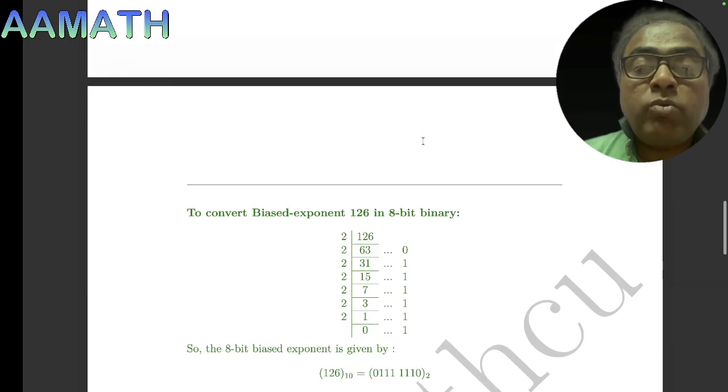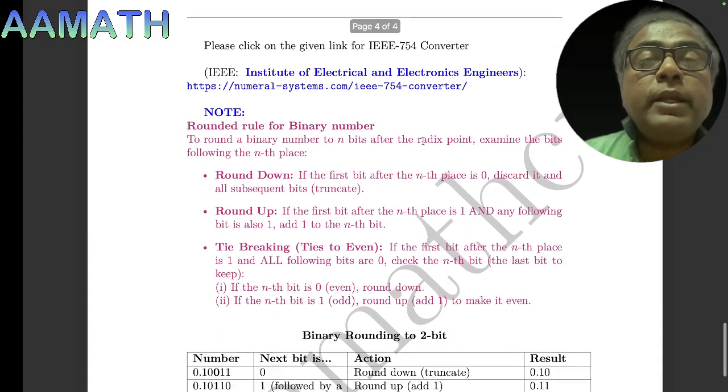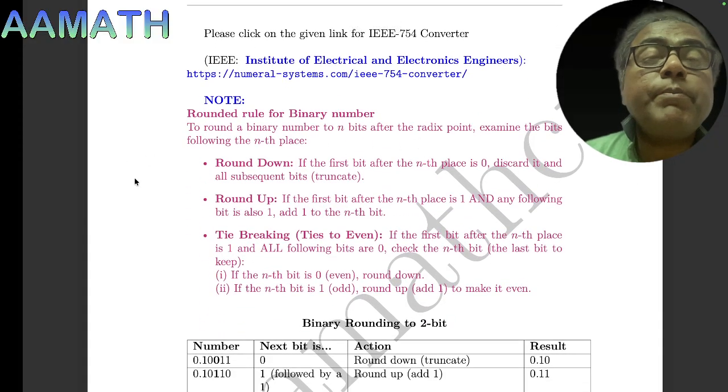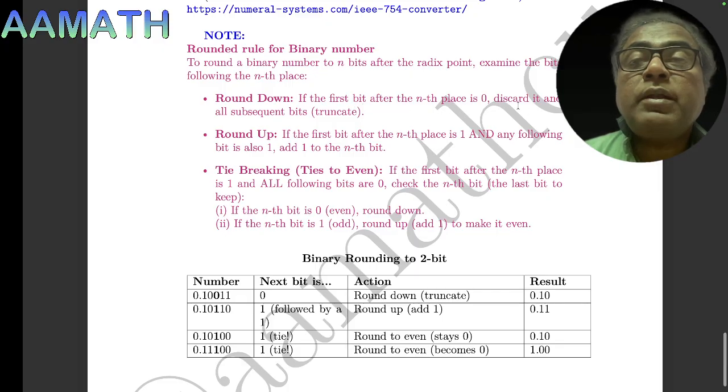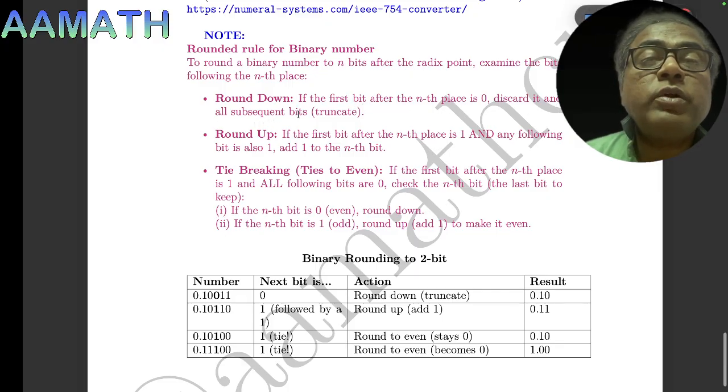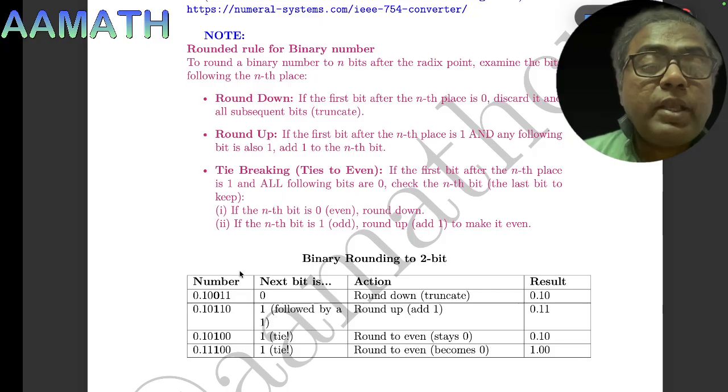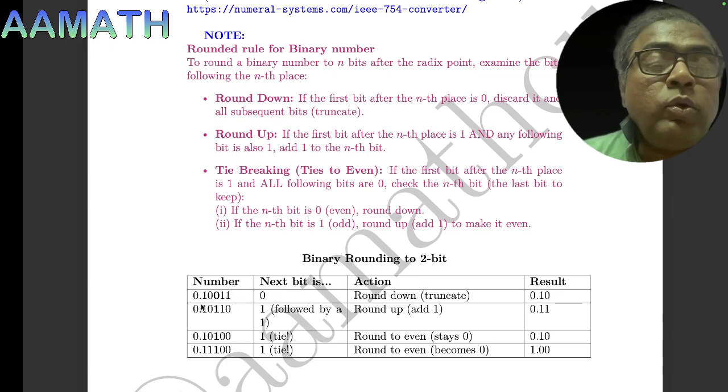The rounding rule for a binary number: round down if the first bit after the nth place is 0; discard it and all subsequent bits are truncated. For example, the number 0.10011 rounded to 2 bits.